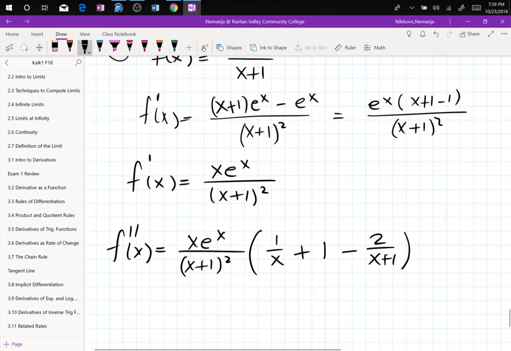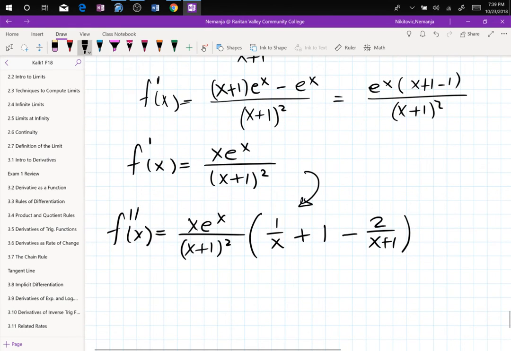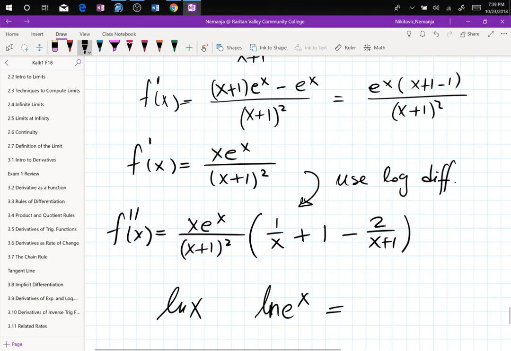For logarithmic differentiation, you copy the function as is, and then you have ln x, its derivative is 1 over x. You have ln e to the x, which is actually x ln e, which is just x, so the derivative of that is 1.